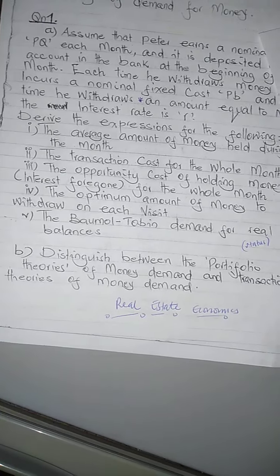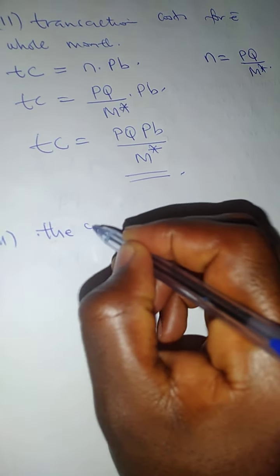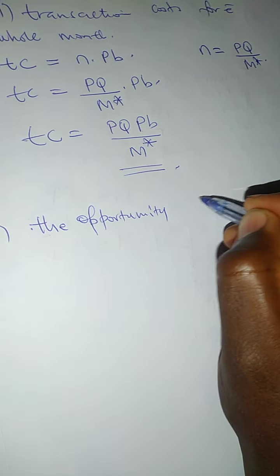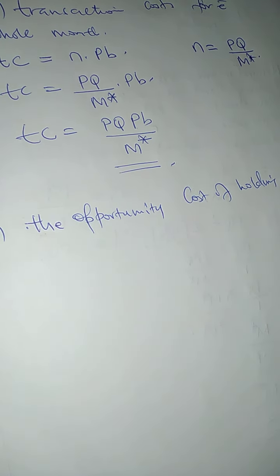Roman 3 is asking the opportunity cost of holding money.